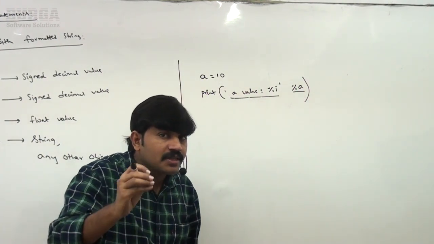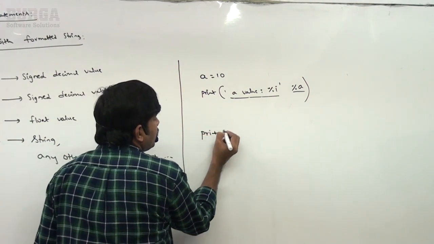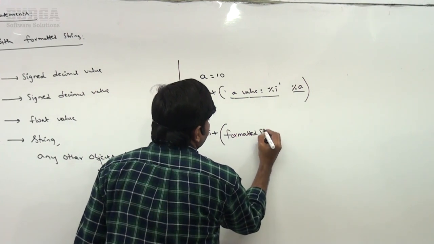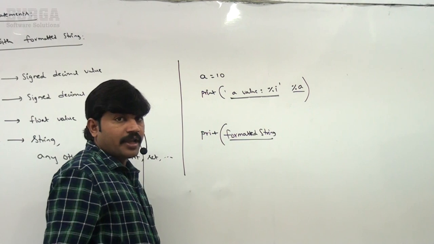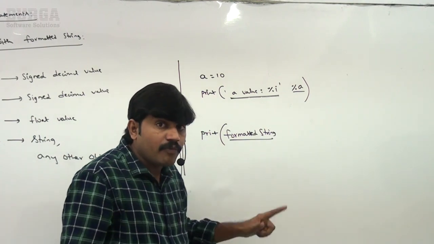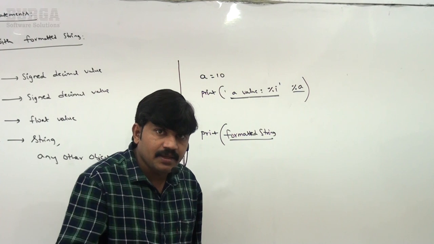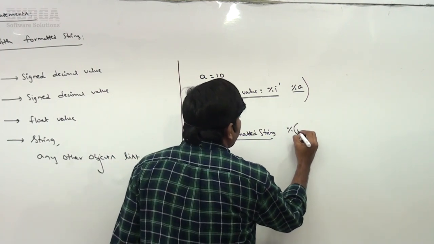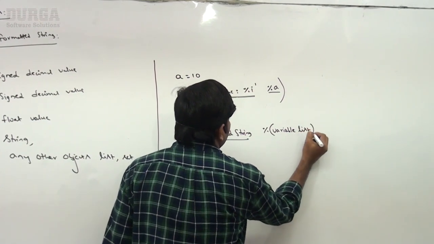So first, what is the syntax? Observe carefully. Print of formatted string. You have to take the formatted string, up to this part. In this, several format specifiers we used, like %i, %d, %s, and now percentage followed by the variable list we have to take.